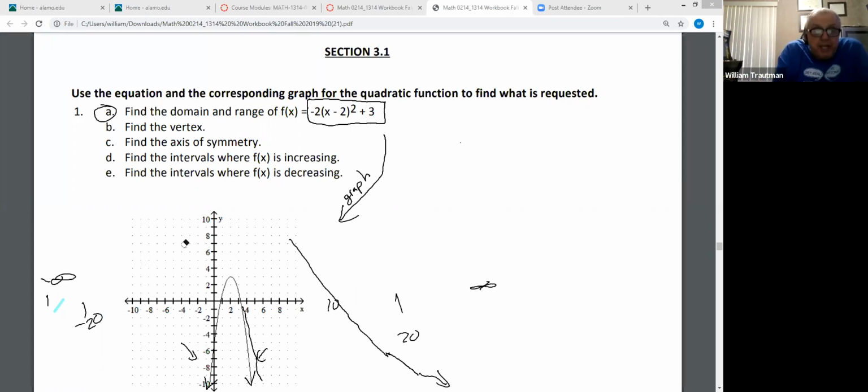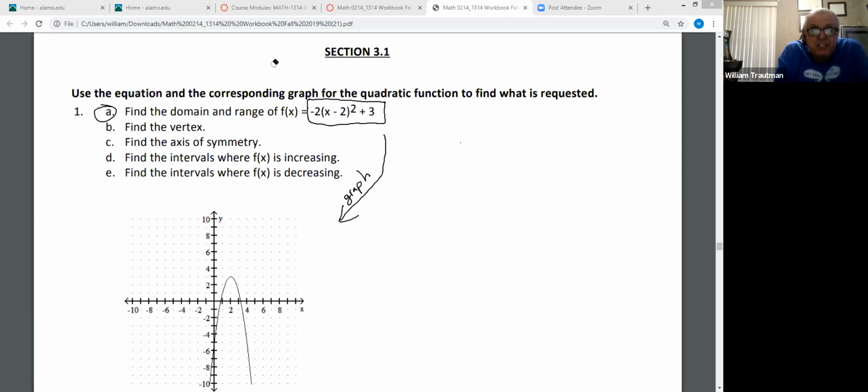So the domain for this function, it's hard to see because it doesn't show the arrows, but there are arrows here. They're not just going down, they're going down and then to the sides. The farther down you go, the farther to the sides they go. So the domain for this function is from -infinity to +infinity.